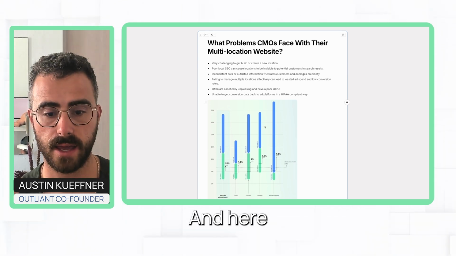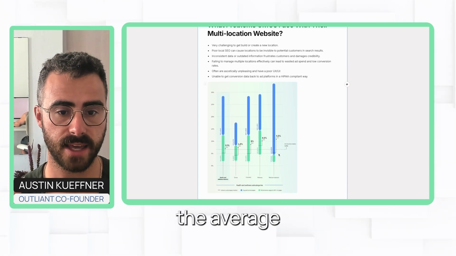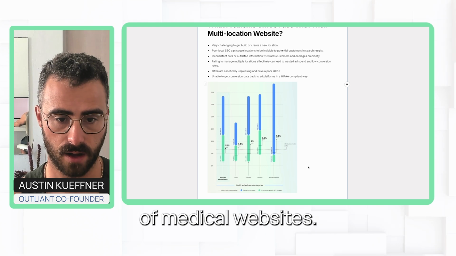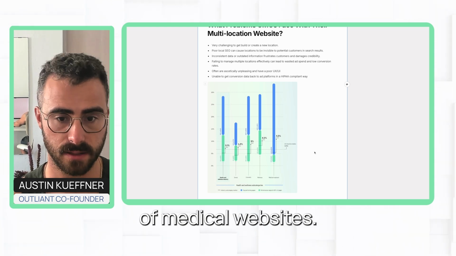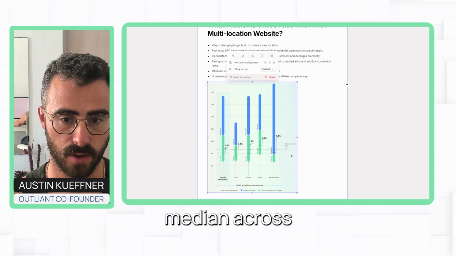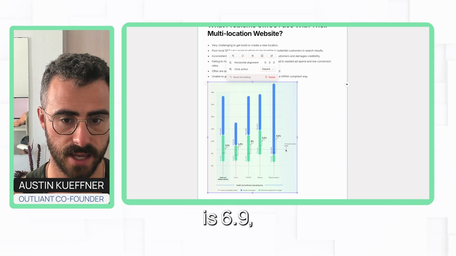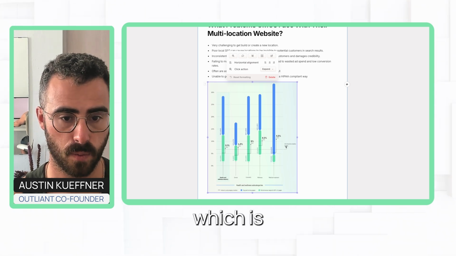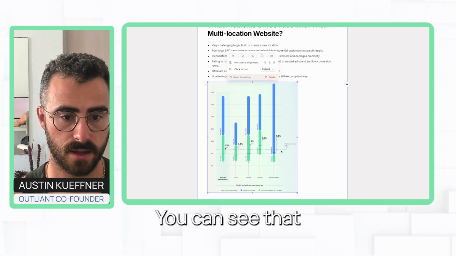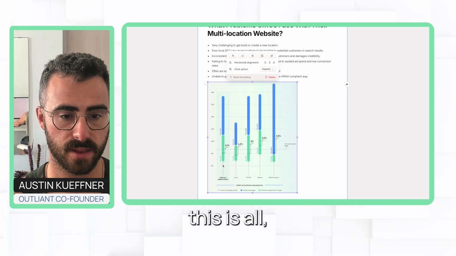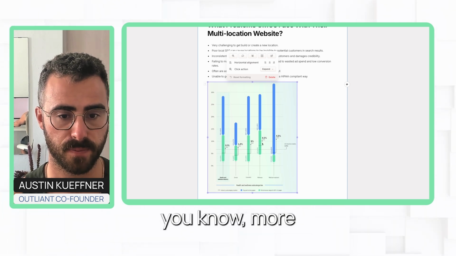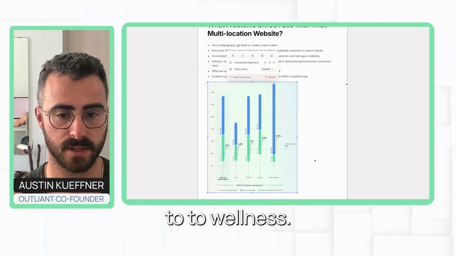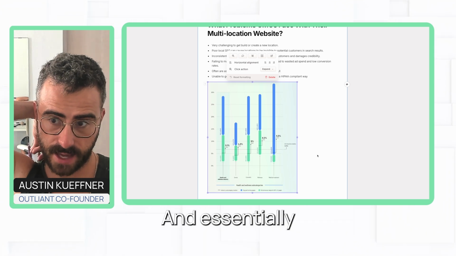And here I want you to see the average conversion rate of medical websites, and the median across all industries is 6.9, which is pretty high. You can see that in the medical field, this is more or less lower, with the exception of wellness.